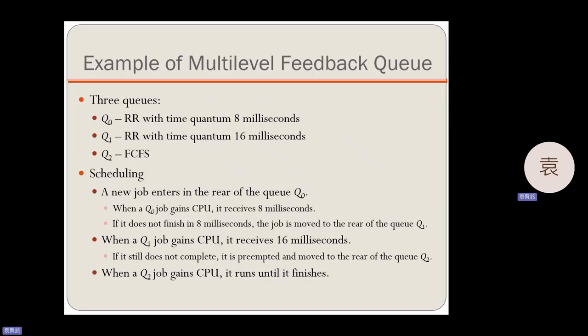Then after it finishes I/O, the process will stay in Q0, because 8 milliseconds is good enough for that particular process. That means every interactive CPU burst is less than 8 milliseconds, so it remains in Q0.